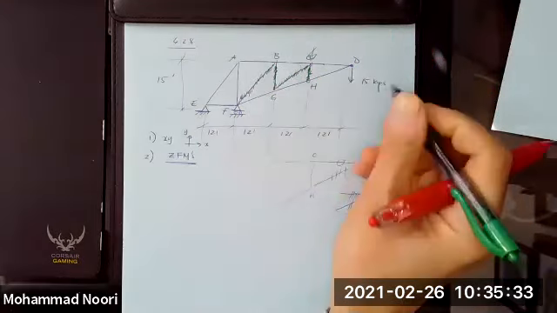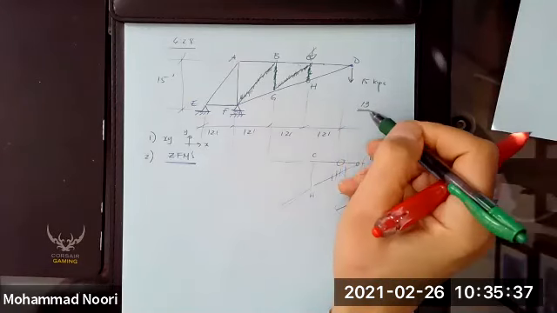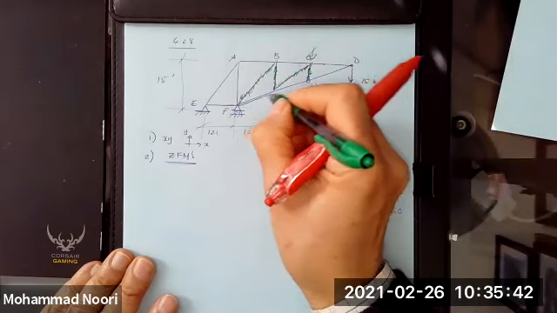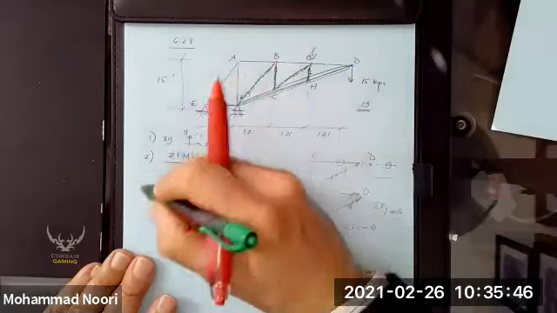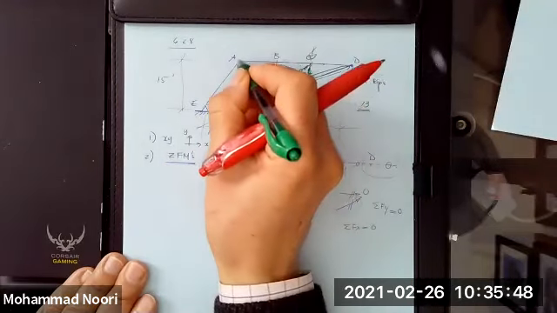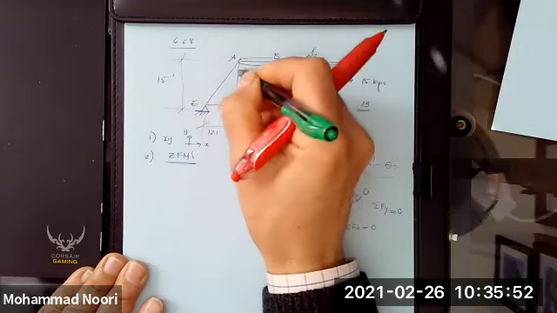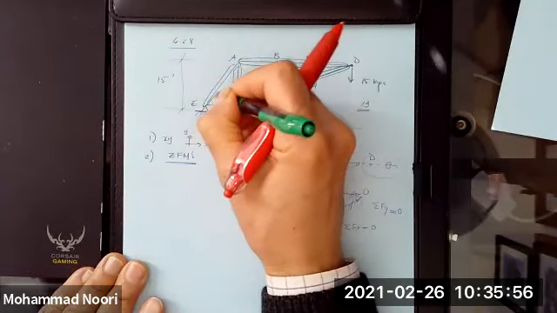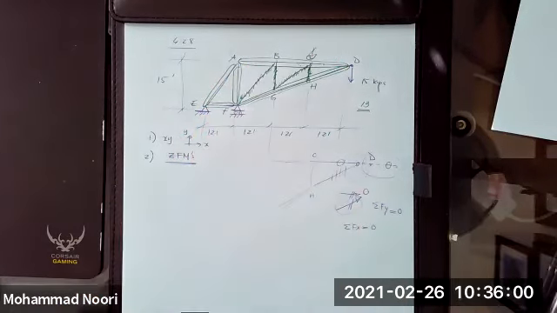So this truss that originally had 13 members to solve for is reduced to what? 1, 2, 3, 4, 5 members only.